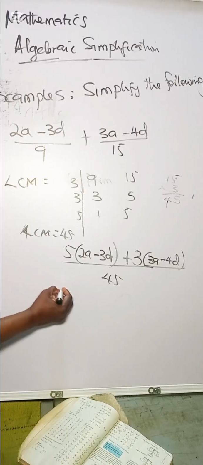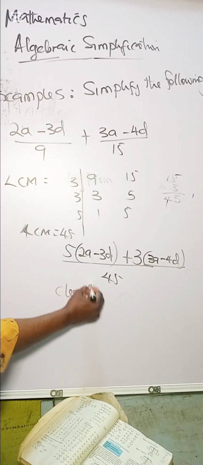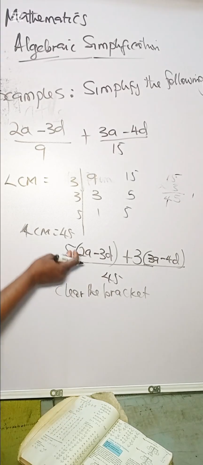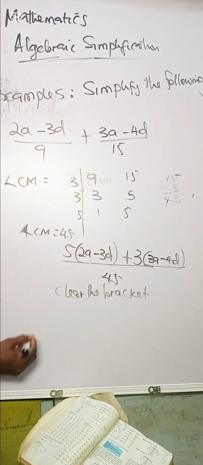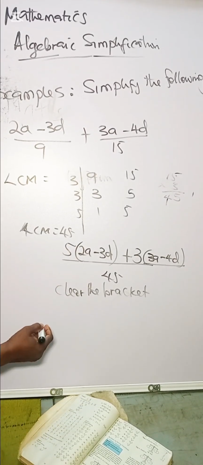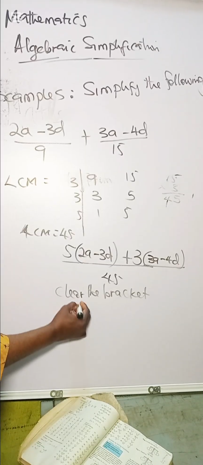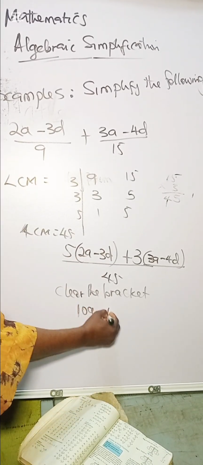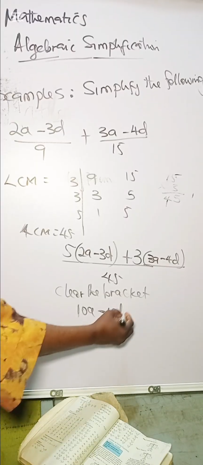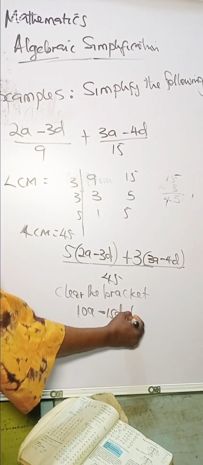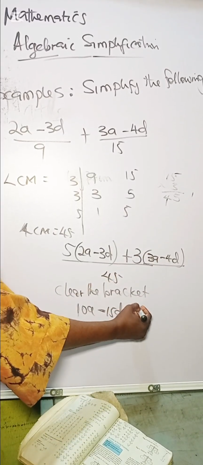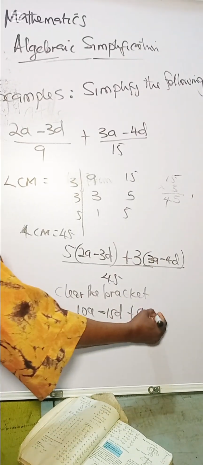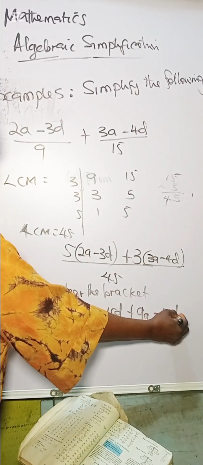Okay. So we now clear the brackets. So I have that 5 times 2a will give us 10a. So 5 times minus 3d will give us minus 15d. Okay? Plus 3 times 3a will give us 9a. Plus 3 times minus 4d will give us minus 12d.